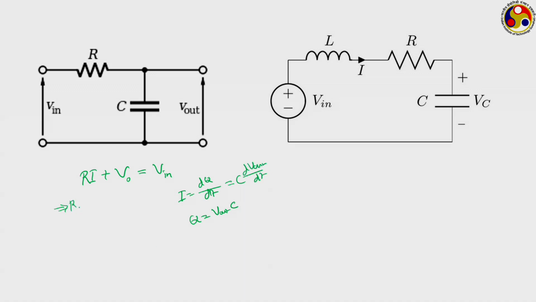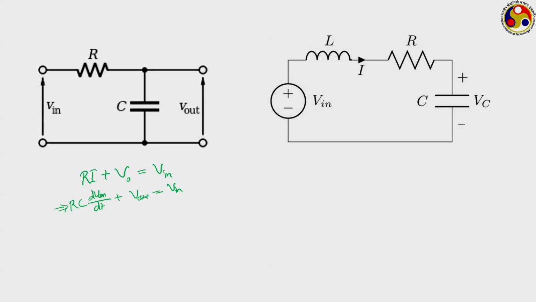Putting that, we have RC dV out dt plus V out is equal to V in, very much a first order system representation. So, we can easily calculate the k and tau from this, and proceed with our calculation.